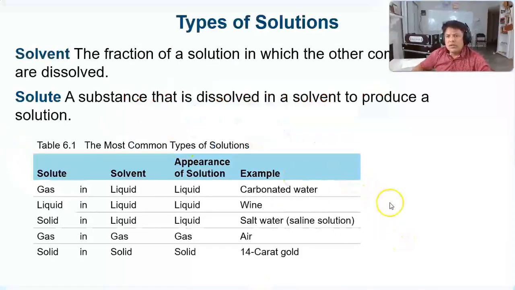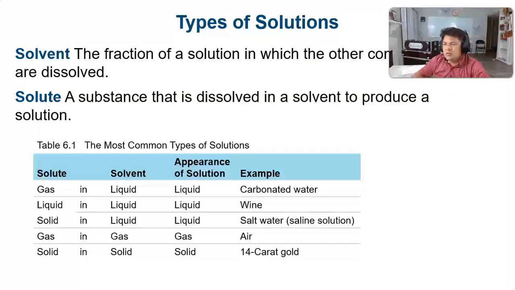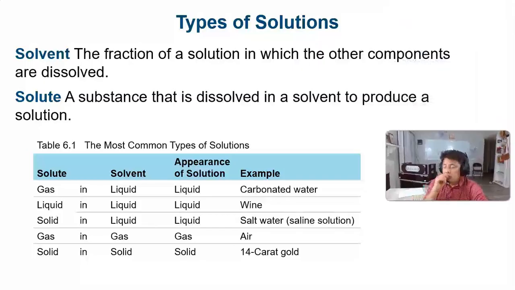First of all, let's remember the types of solutions. We will study the different types of solutions, like saturated solution, unsaturated solution, and so on. But before that, let's know what a solvent is. If you mix two things into a homogeneous mixture, one is the solvent and the other is the solute.